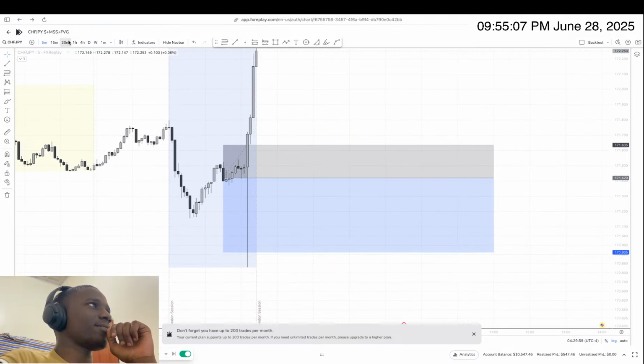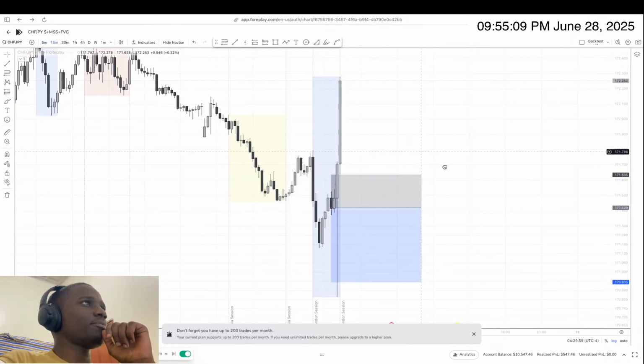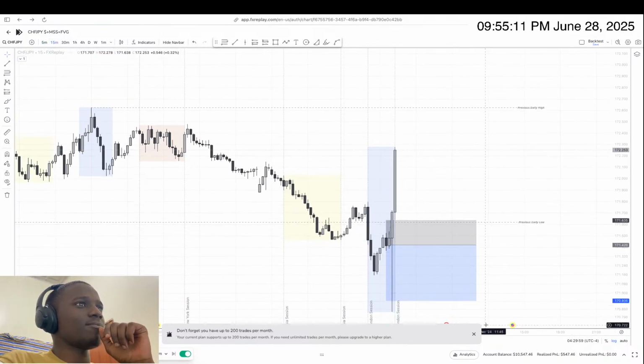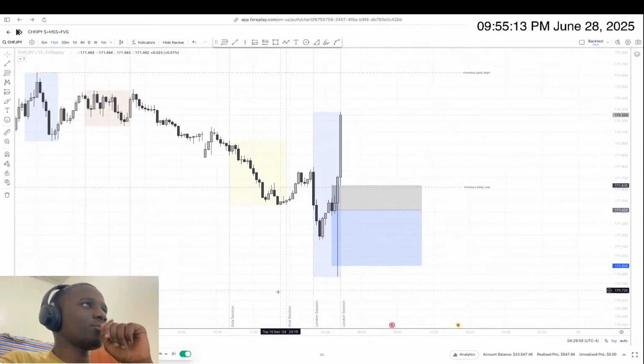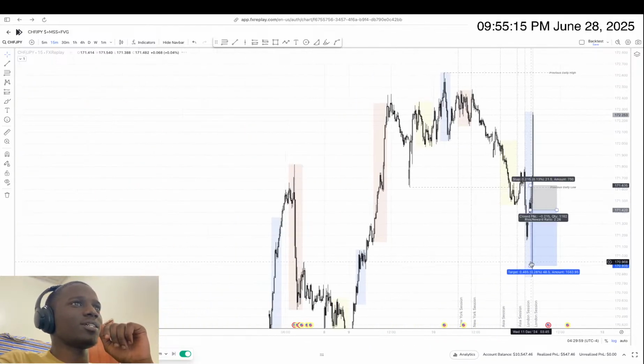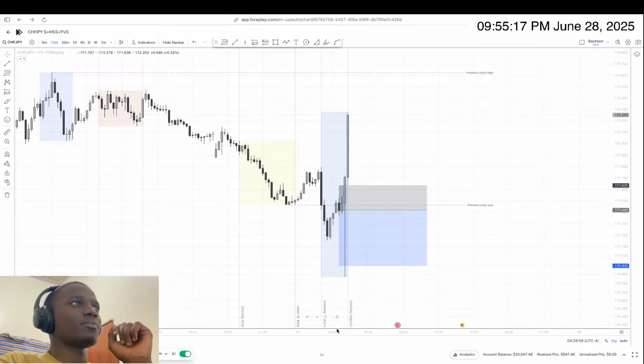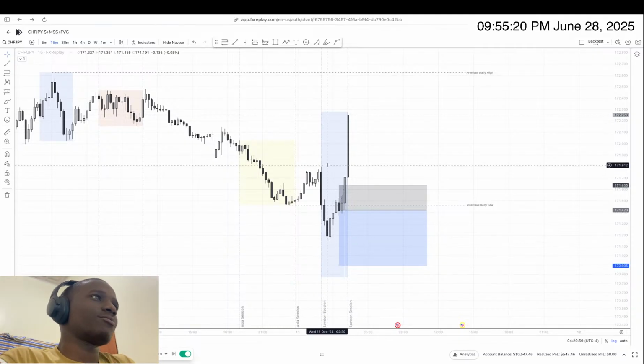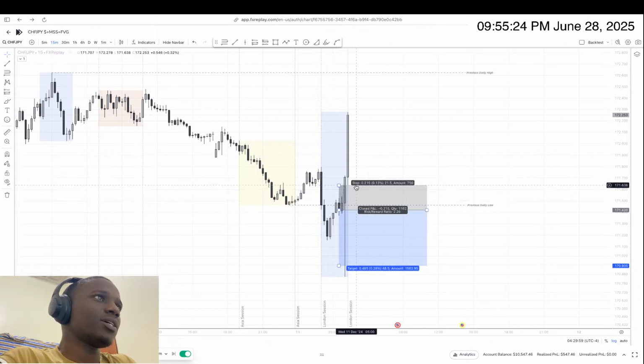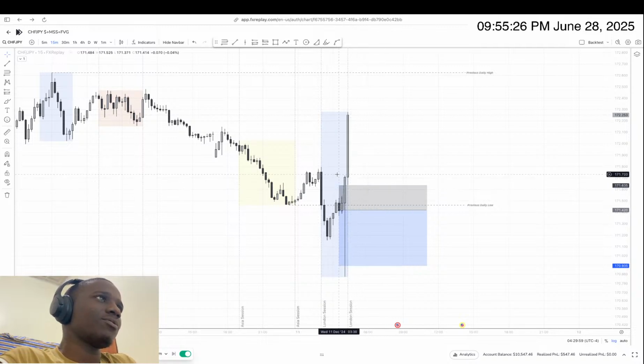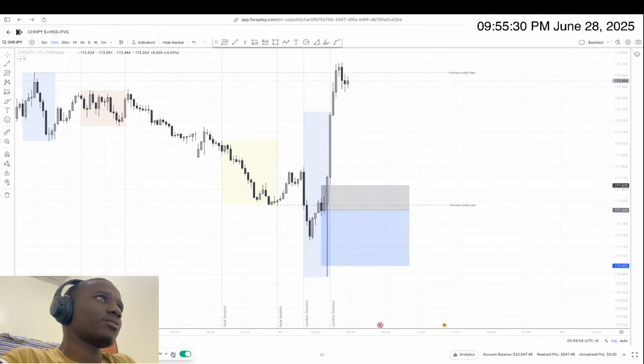This week is really crazy, but when we go to the 15-minute, you can see that we are having a really nice push to the upside after touching the 4-hour block. So we have a nice sweep, shifts in structure, and inversion, and another fair value gap, which means this is a balanced price range. We can at least return to this level or into this breaker and then look for a buy opportunity.